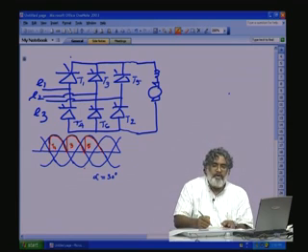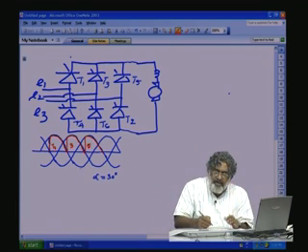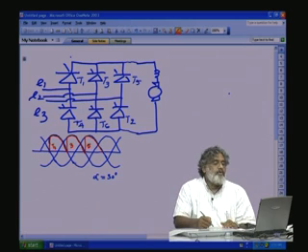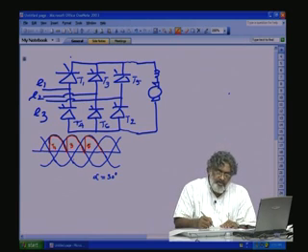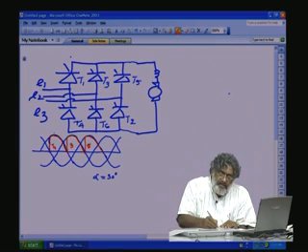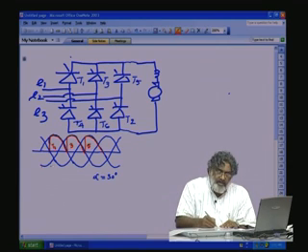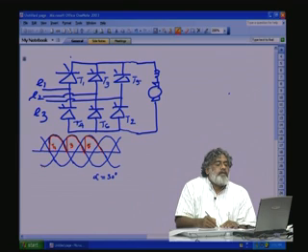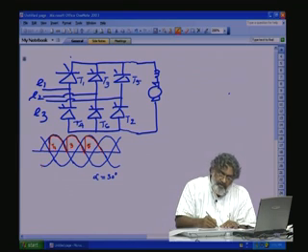Similarly, for the negative, when the phase voltage goes negative, the bottom devices T4, T6, T2 have to be switched on. So, when E2 is negative, that is this portion, the thyristor T6 will be turned on. So, this is the T6 portion.